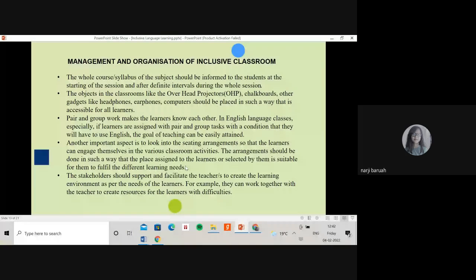The first thing is the whole course or syllabus should be communicated to the learners at the starting of the session and after definite intervals during the whole session, which means, in other words, that if we make the whole course or syllabus clear to the students, then they will know what is their progression, what are the content that has been covered so far.